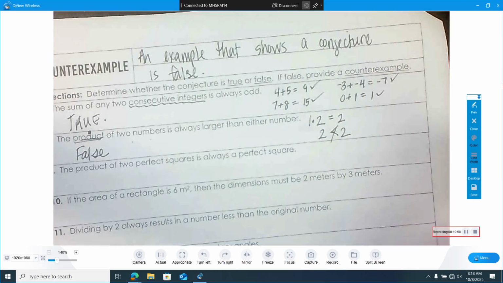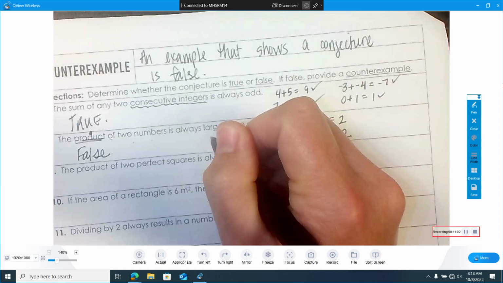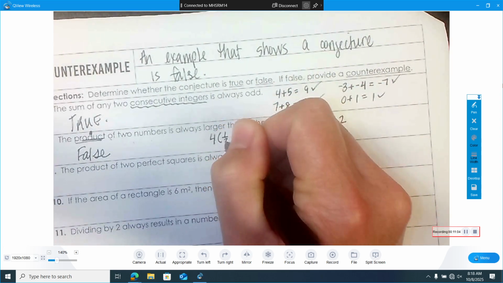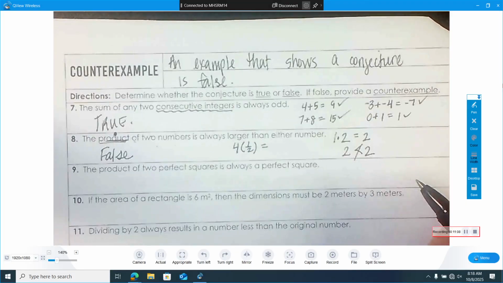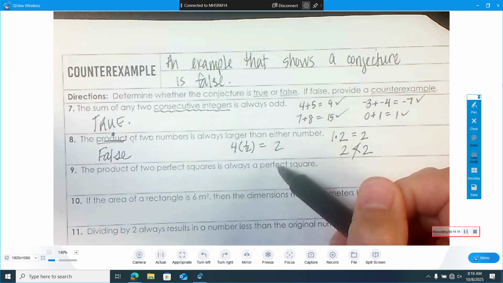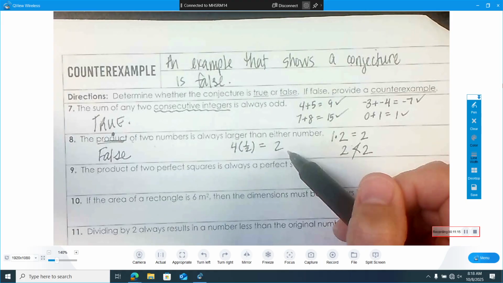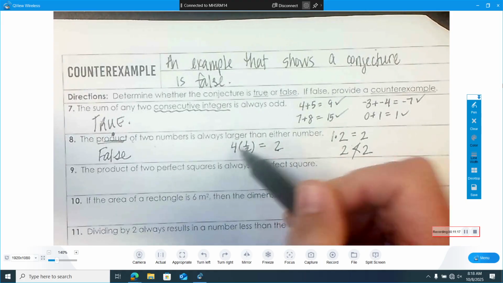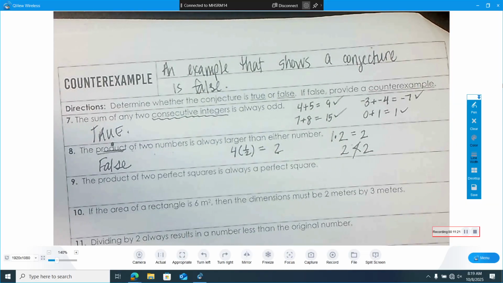So that's definitely false. And it says any two numbers, so we could even do like 4 times a half. What is 4 times a half? What's half of 4? 2. Well, that's clearly the product of two numbers is always larger than either number. 2 is not larger than 4, so that's a false statement as well.